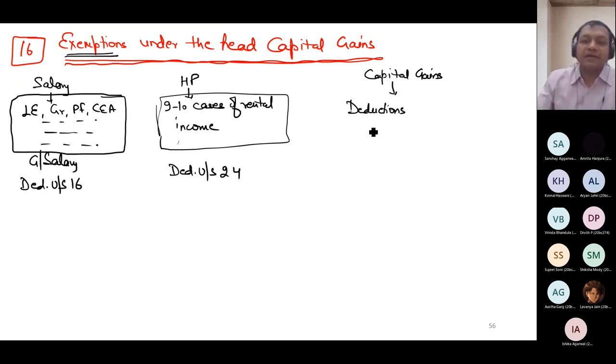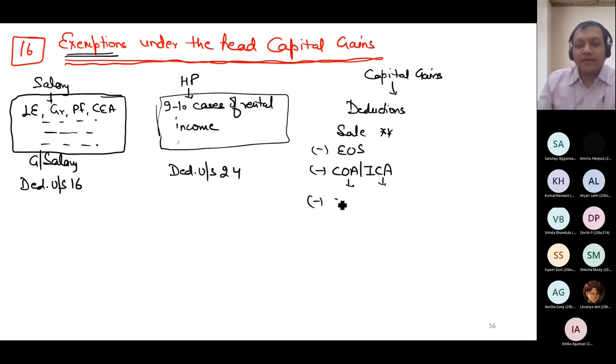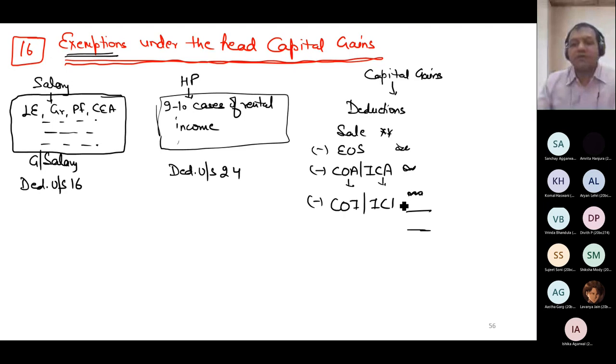While determining capital gain, we start from sale and less what? Expense on sale. So expense on sale is nothing but deduction. Less cost of acquisition or indexed cost of acquisition, it depends if long term or short term. Cost of improvement or indexed cost of improvement. So these all are what?